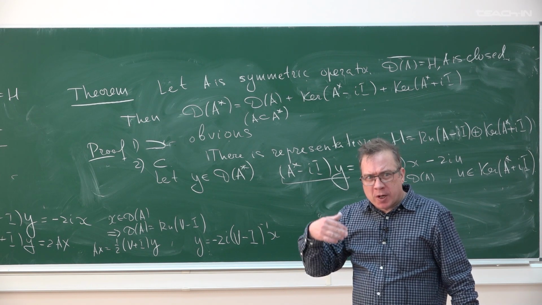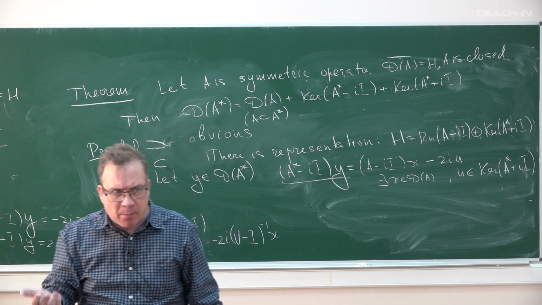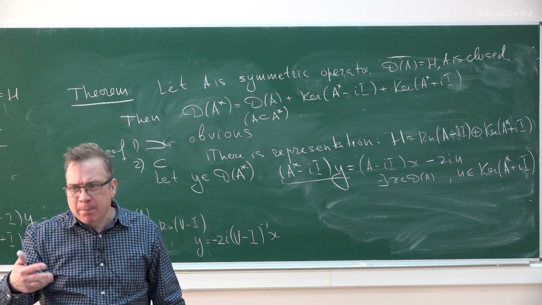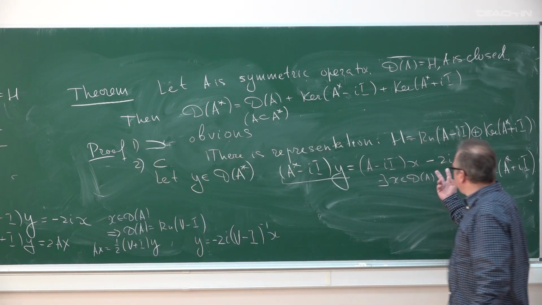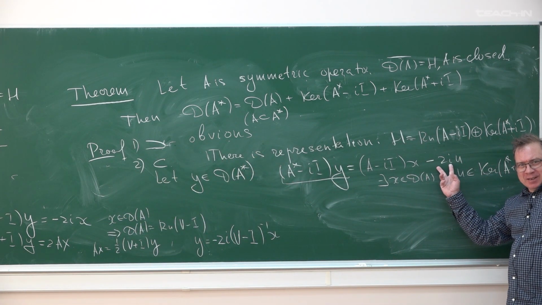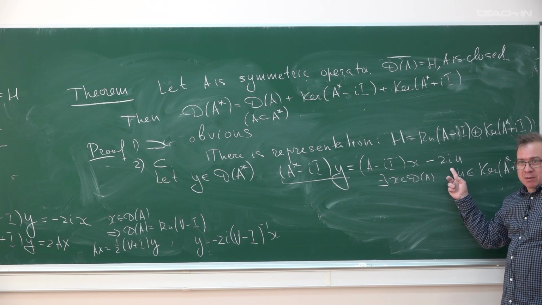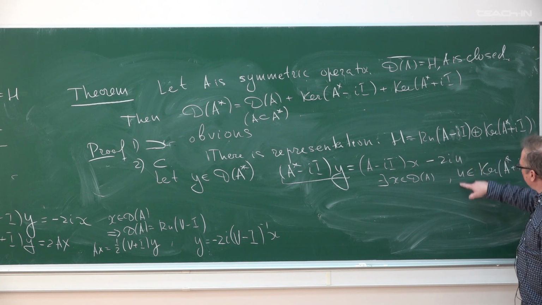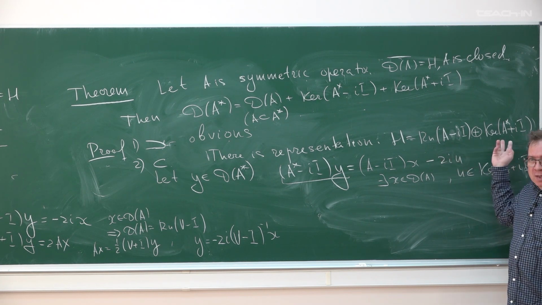So you can multiply any element from this subspace by any number, and it belongs to this subspace. As the number, I take minus 2i. You can write here any number. This is from the kernel, this is from the kernel too, because it is a linear subspace.